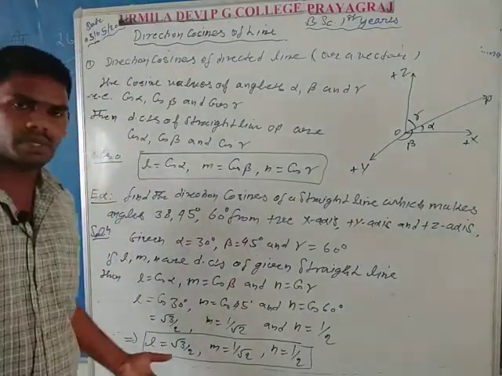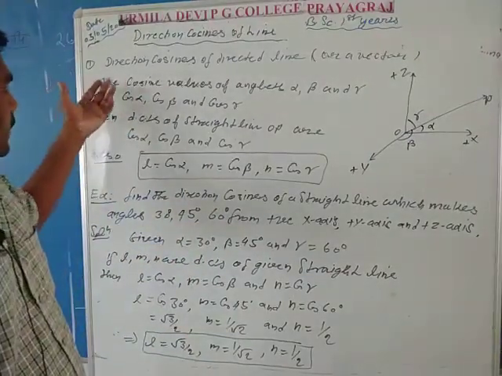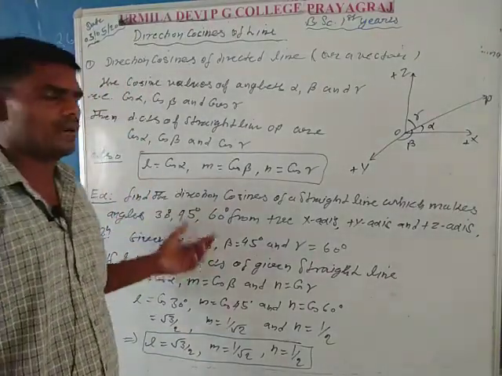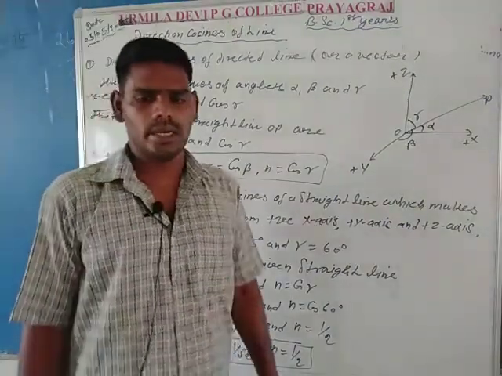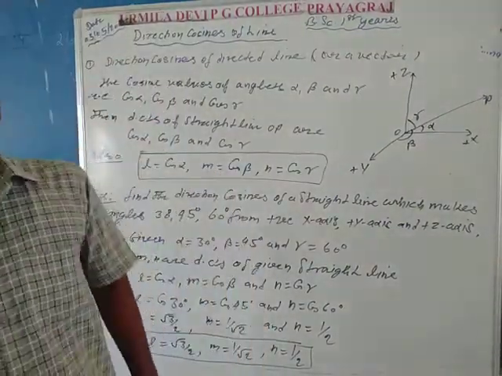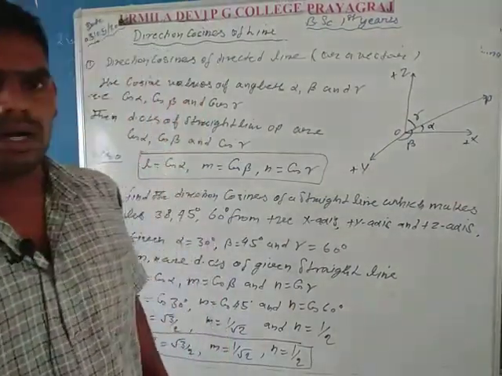So with the example and theory, it is clear what the direction cosine of any straight line or directed line in three-dimensional space is. Now I want to move to the other articles.